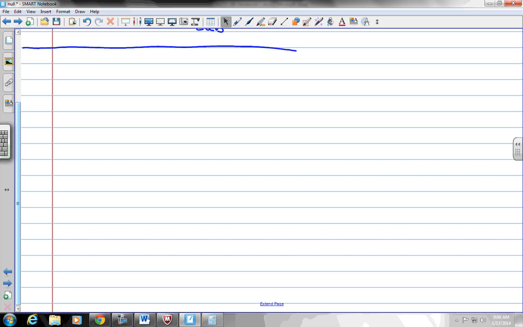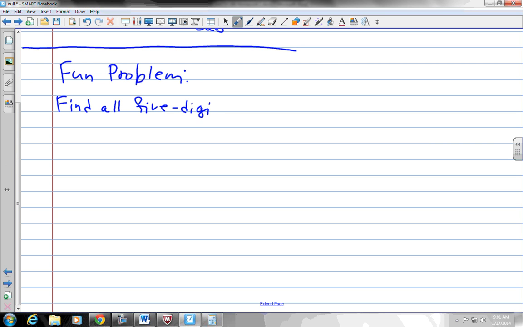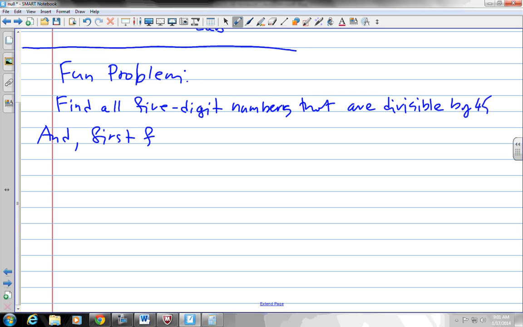Okay, so this problem is also in that packet that I gave you. This is a very fun problem. So find all 5-digit numbers that are divisible by 45 and whose first 4 digits are consecutive.